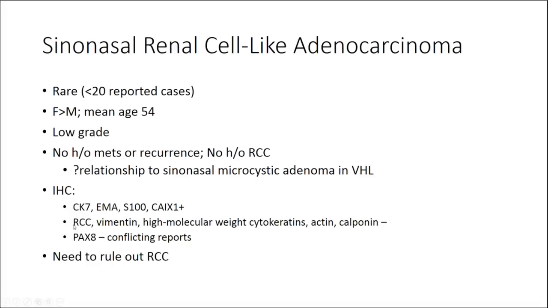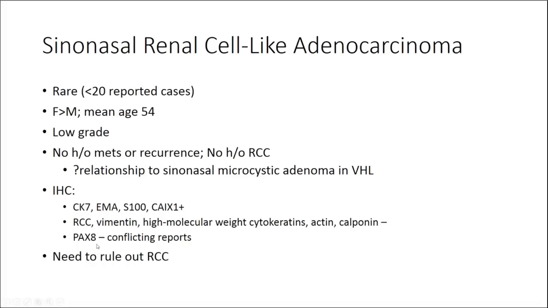Often positive for cytokeratin 7. They can express CA9, which can be seen obviously in renal cells. So some of the stains don't necessarily help. People thought PAX8 might be helpful in working up these lesions. The initial cases were found to be PAX8 negative, but subsequent studies have shown PAX8 positivity.